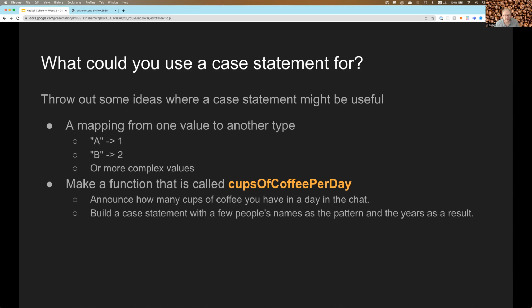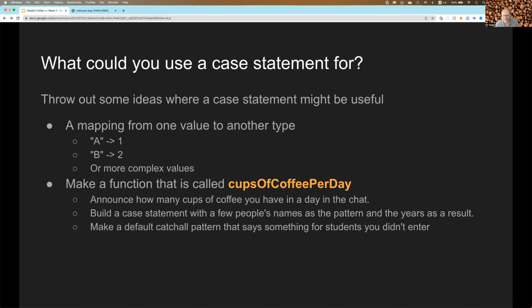And the name as the pattern, and not the years as the result, but the cups of coffee as the result. And we're going to make a default catch-all pattern that says something for students that you didn't enter.